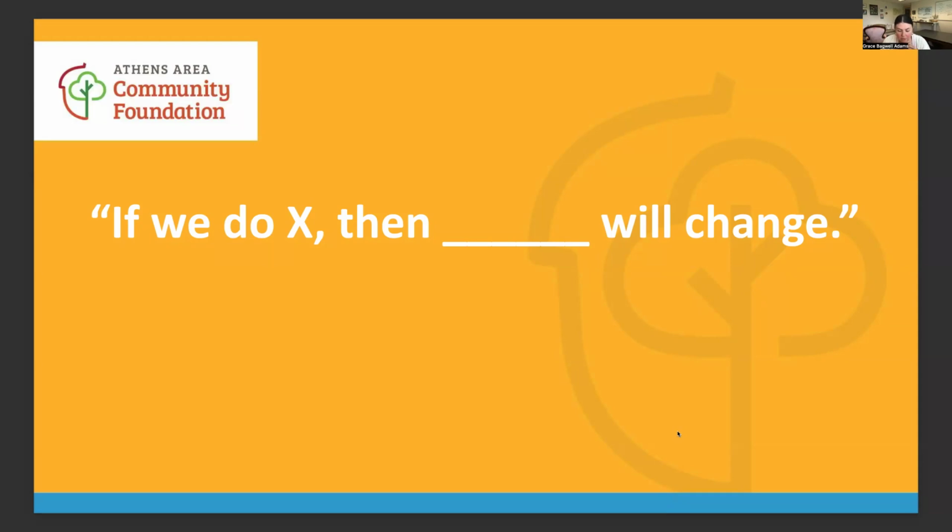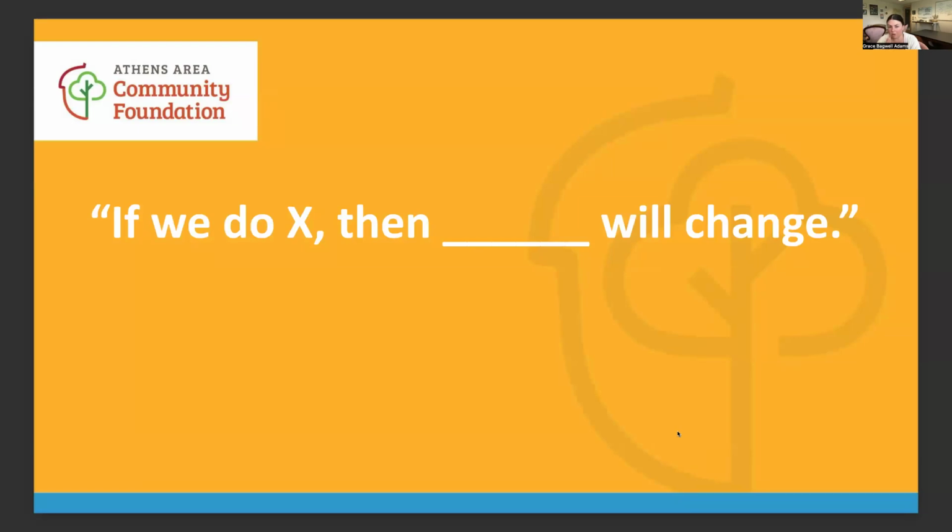Incorporating these statements into a theory of change can really help provide a clear, logical framework for your stakeholders too. Sometimes nonprofit organizations are so deeply engaged in their work, it's hard to see the forest for the trees, right? Like you know on a daily basis exactly what you're doing and why you're doing it. But being able to convey that information to stakeholders, whether that's funders or volunteers or donors, in a really clear, concise manner is super important.